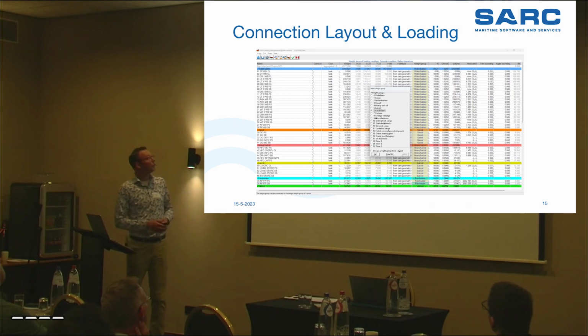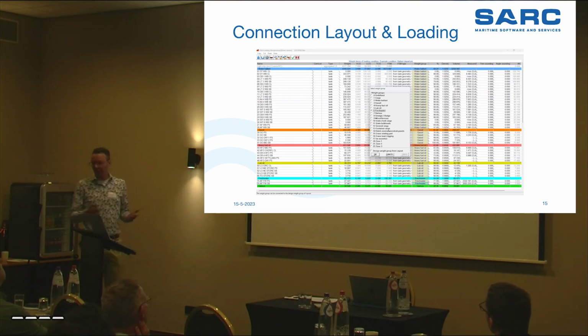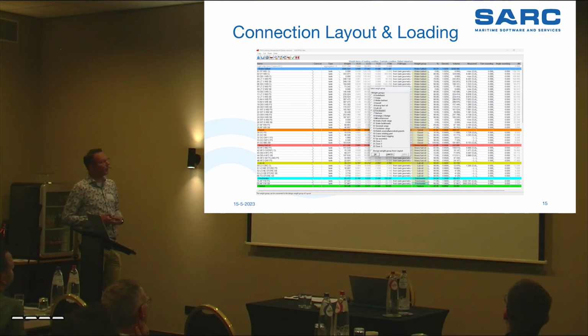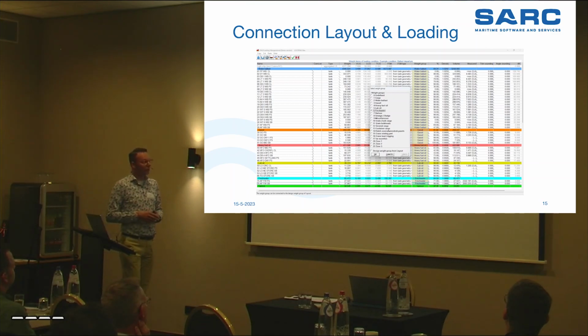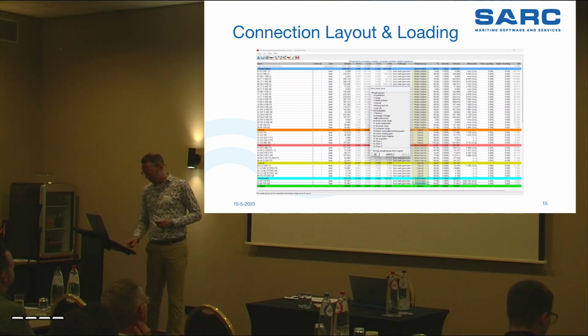So this is what it looks like. For example, one can choose one of the earlier shown selection methods. For example, I now used the weight groups. One can just select one of the cells or several, press the space bar, and then a selection can be made to which weight group the tanks should fit.